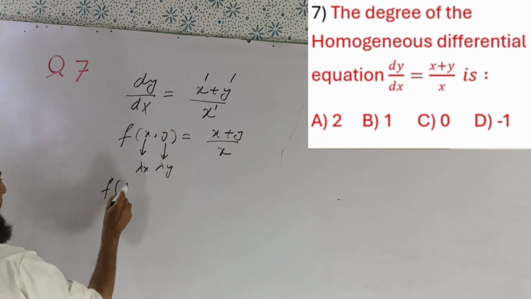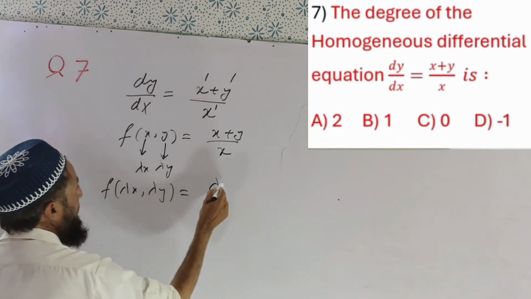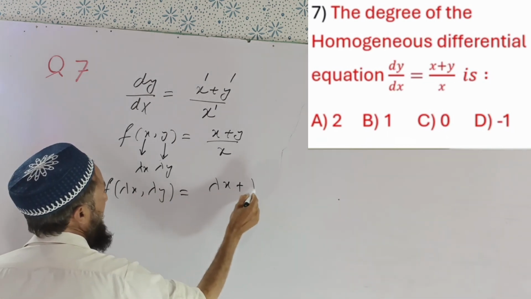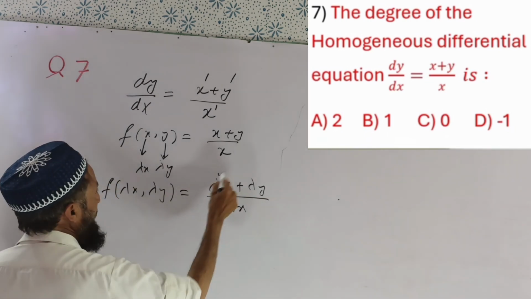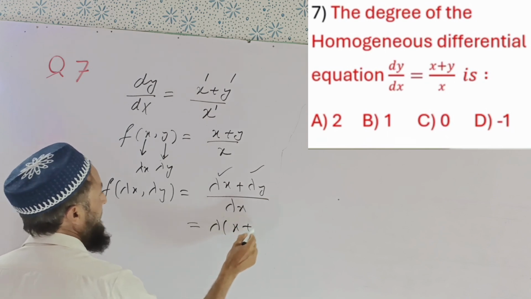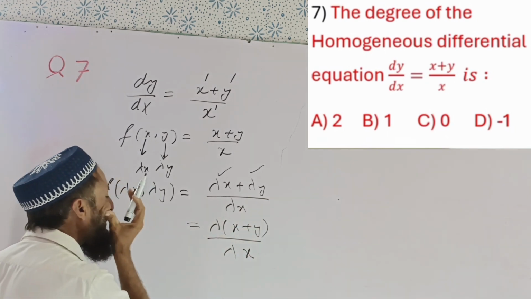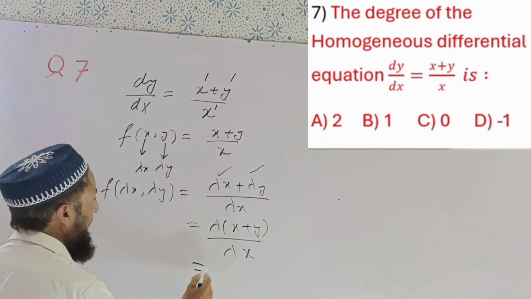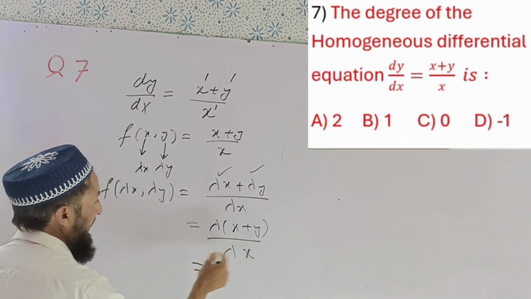So f of lambda x and lambda y will be equal to (lambda x plus lambda y) divided by lambda x. If we take lambda common here, both are cancelled, and we get back the original function.